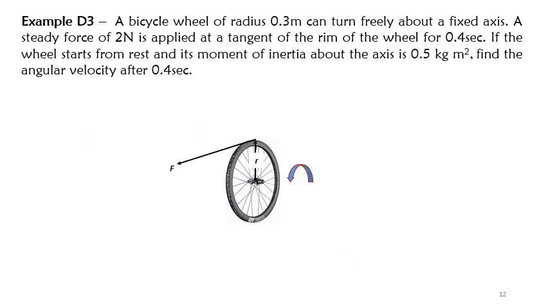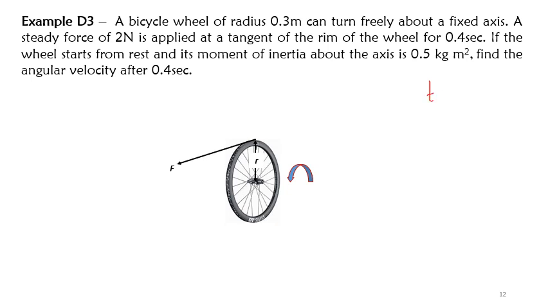Then another example. The bicycle wheel of radius 0.3 meter can turn freely about a fixed axis. It rotates. Now, a steady force of 2 Newton is applied at a tangent. So that's the description. You see, F is applied at a tangent, and the application is for just 0.4 seconds.